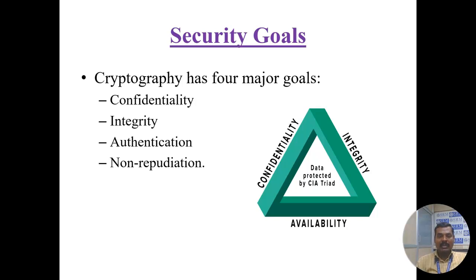Cryptography is majorly focused on four goals: confidentiality, integrity, authentication, and non-repudiation. For this, we follow the CIA triad: confidentiality, integrity, as well as availability. So data will be protected by this CIA triad. We'll discuss these security goals in the upcoming session. Thank you.